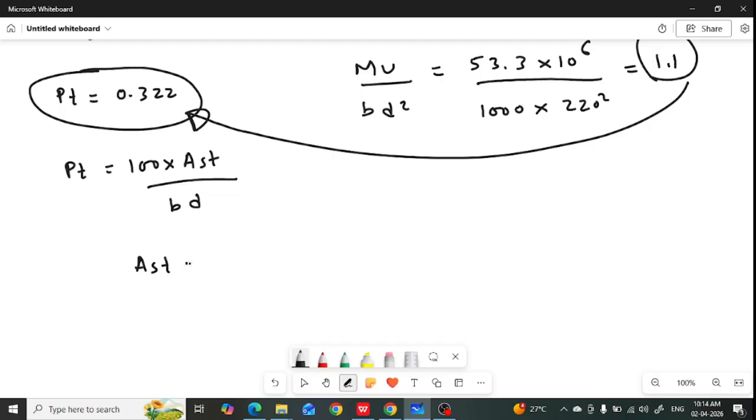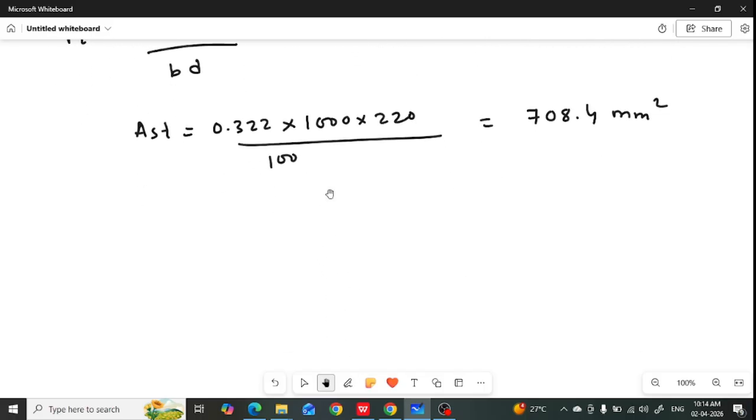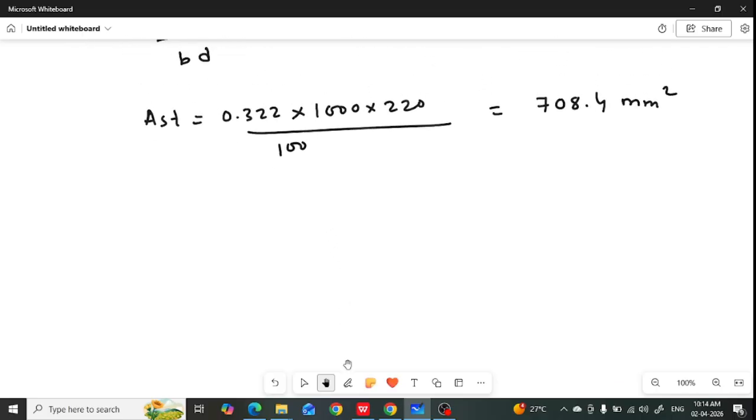AST equal to 0.322 into 1000, that is B, into 220 divided by 100, because it is percentage. So this is equal to 708.4 mm square.